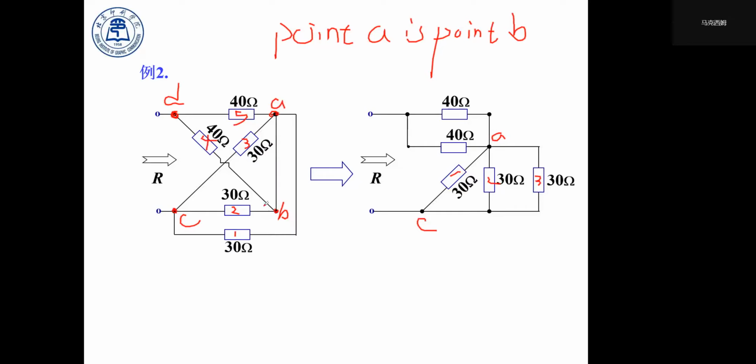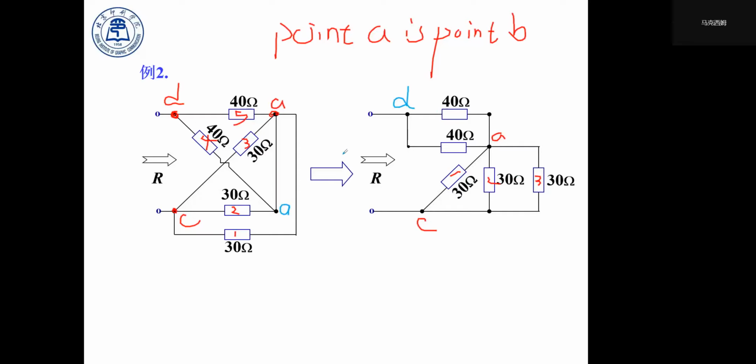So we just erase this point B and replace it with A. This point is also point A. So those three are the same. It's very simple to calculate the equivalent resistance from this transformation.